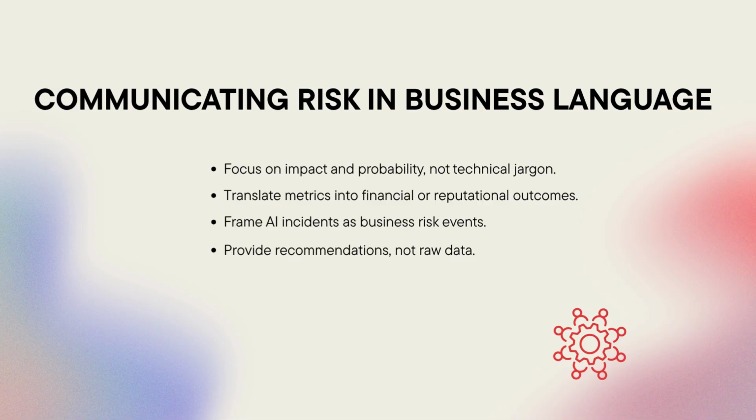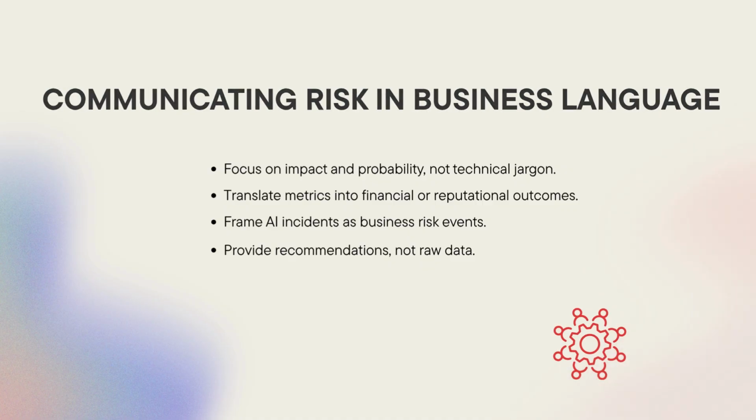Replace acronyms with relevance: dollars lost, reputation harmed, customers affected. The goal isn't to overwhelm leadership with telemetry, but to align technical health with strategic risk appetite. Every chart should answer one question: what decision should we make next?